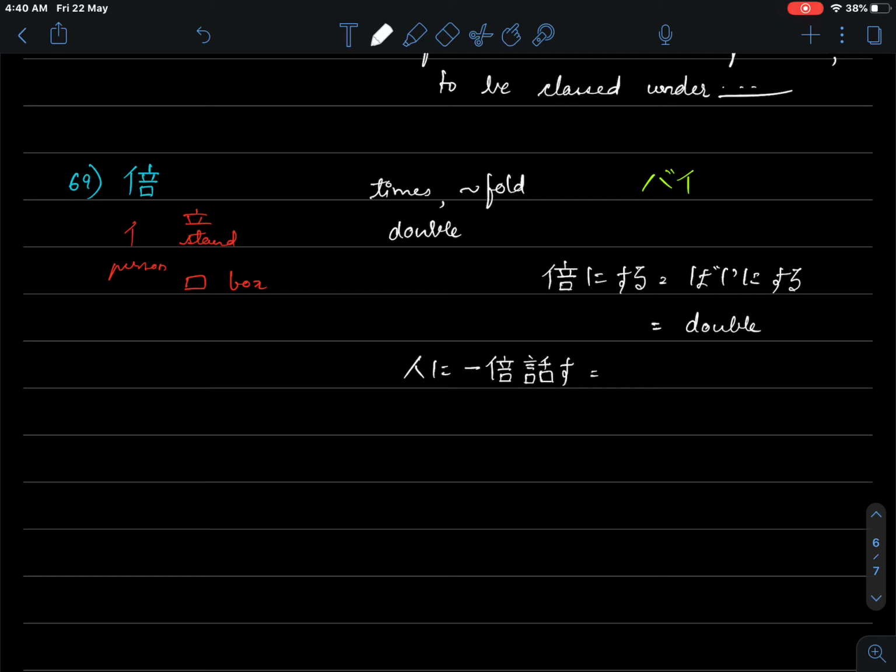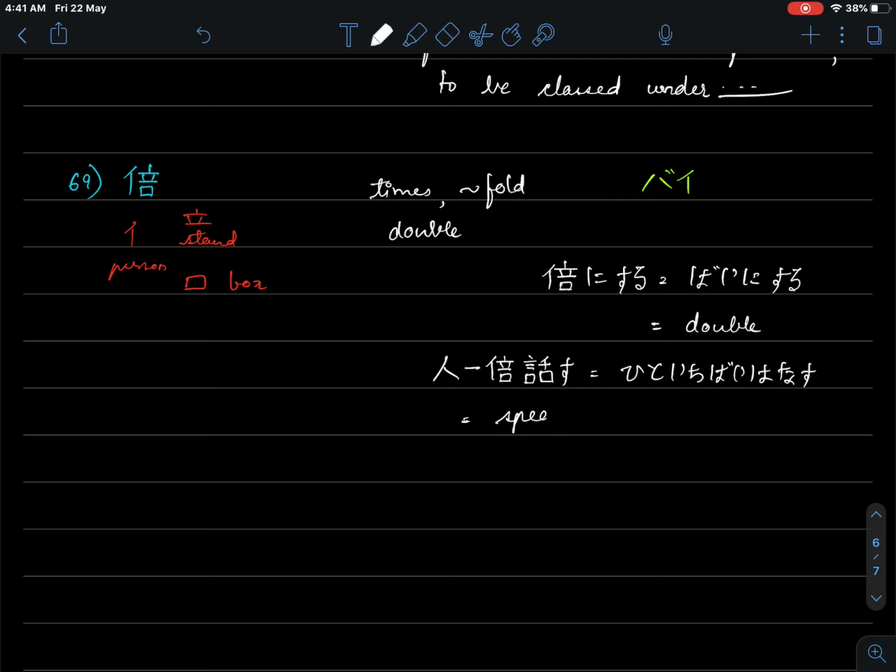This is kind of like a phrase, and I made a slight mistake. It's just this, and it is read as hito ichibai hanasu.